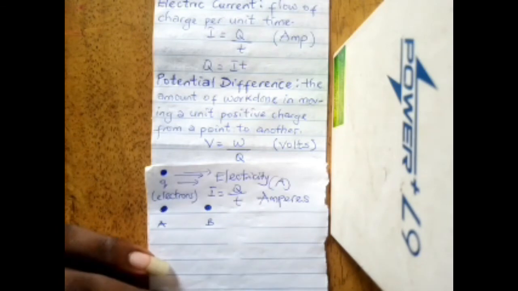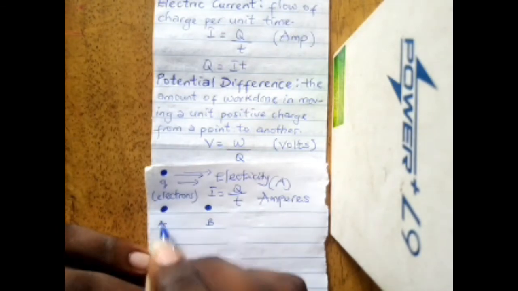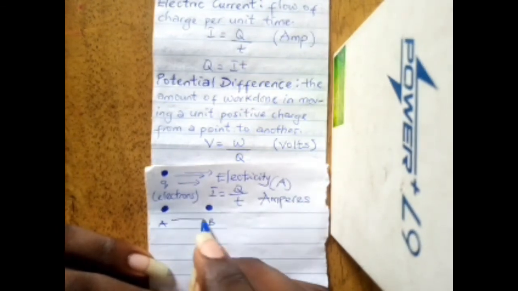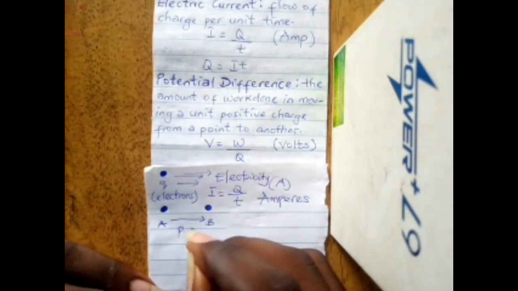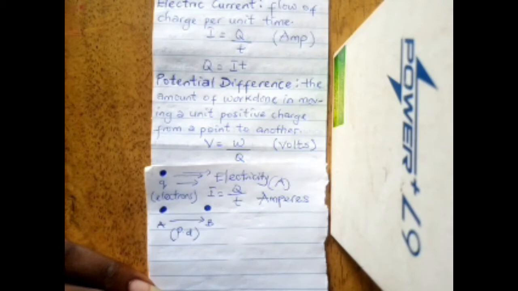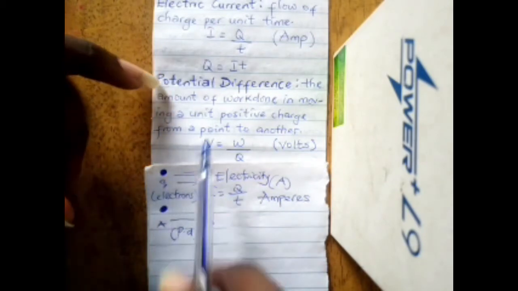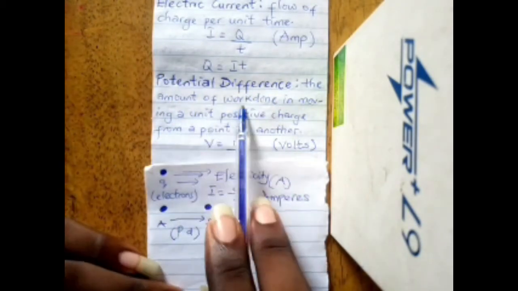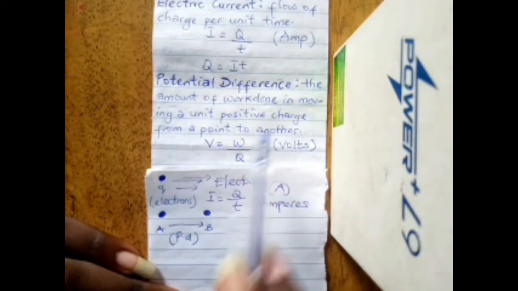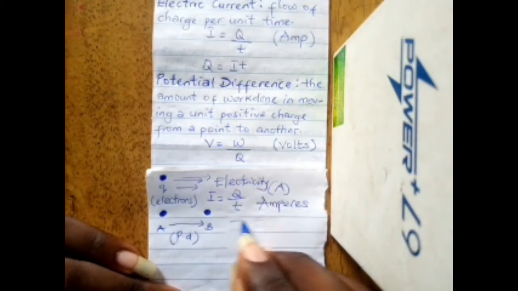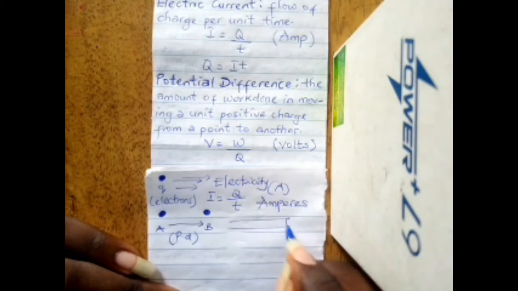The amount of work done in moving this charge from a point A to another point B is what we refer to as potential difference, PD.